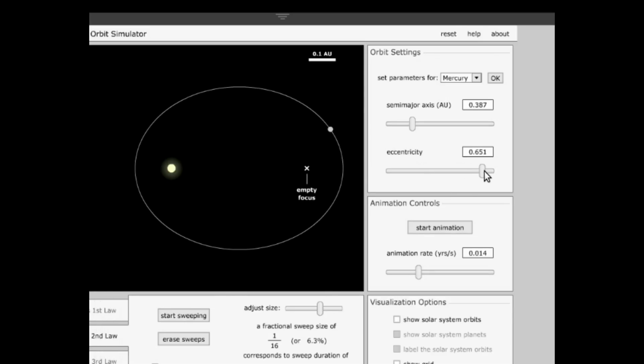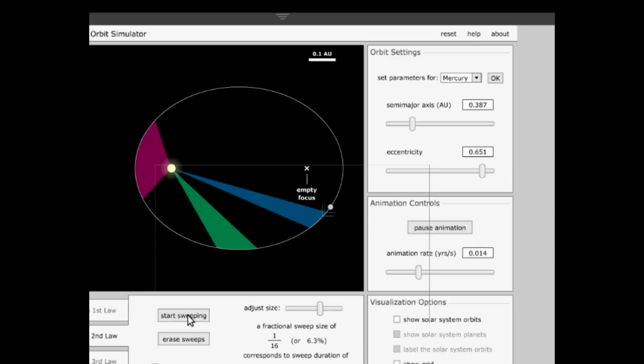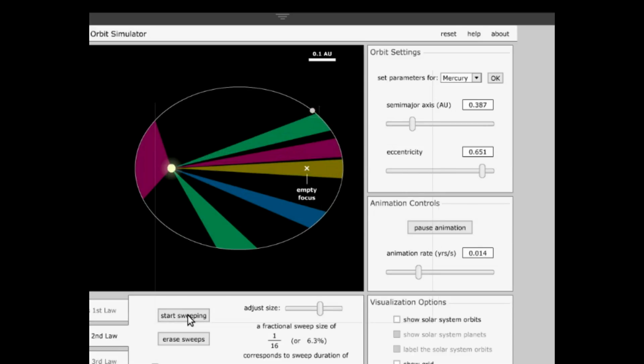Let us increase the eccentricity and start the animation. To understand, we'll start sweeping here. Now look at this. This is equal to this.